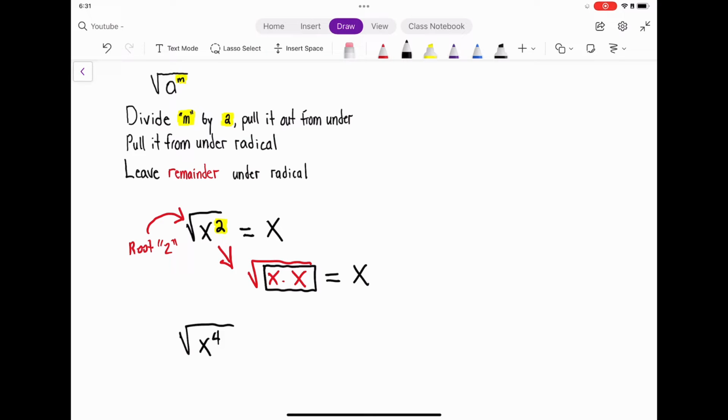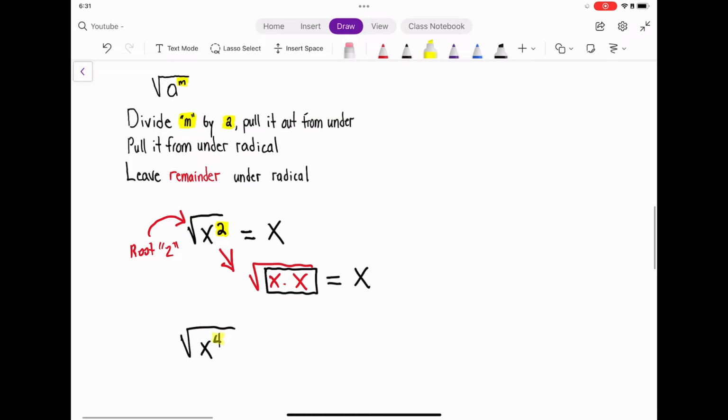So what we're basically saying here is we have radical x times radical x times radical x times radical x. And to simplify this, we have to be able to pull out two x's per pair. So here goes my first pair of 2, x to the first power.